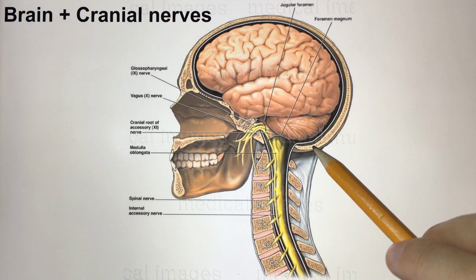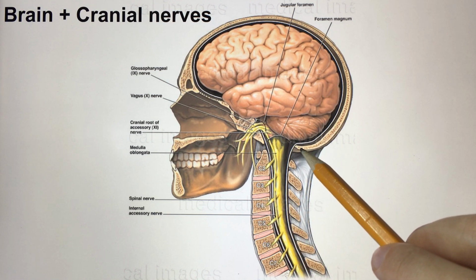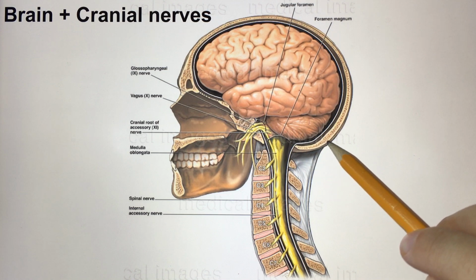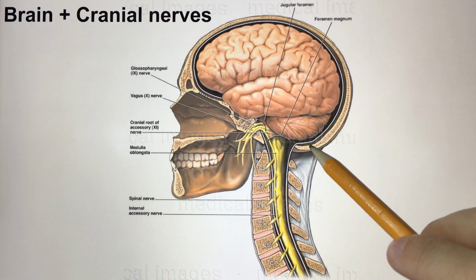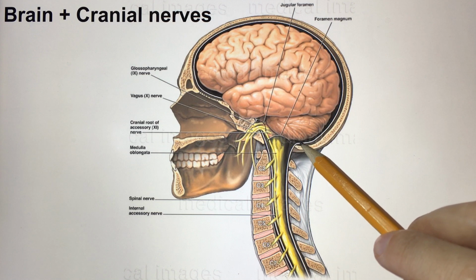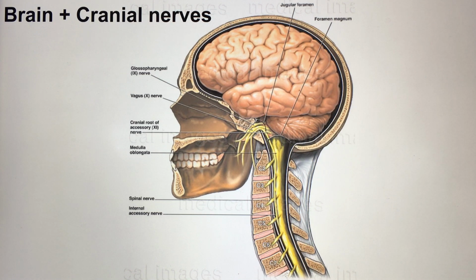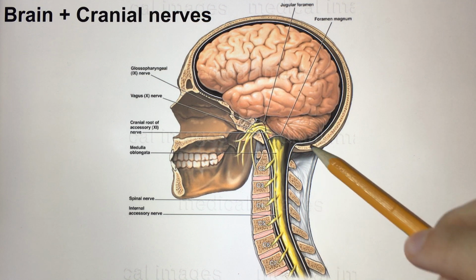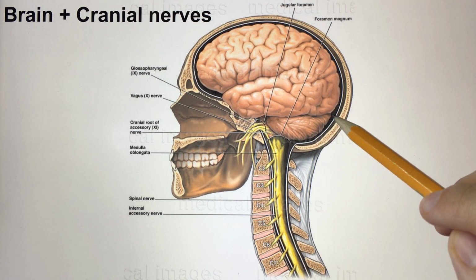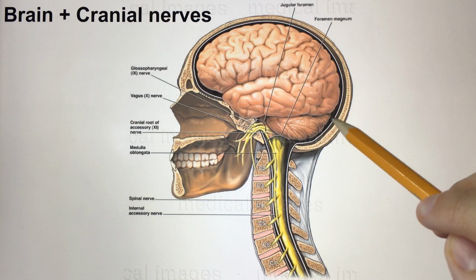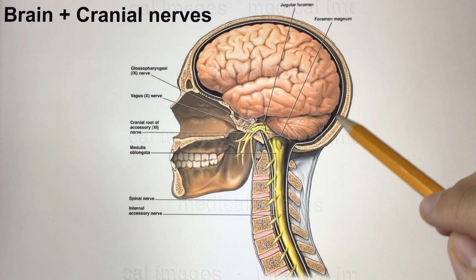So the brain actually has several layers of protection. The thickest layer of protection is the bone. Then there's this white stuff. This is the membrane around the brain. It's called the meninges. And inside the meninges, between the brain and the meninges, right here in this space, is where the cerebrospinal fluid is located.